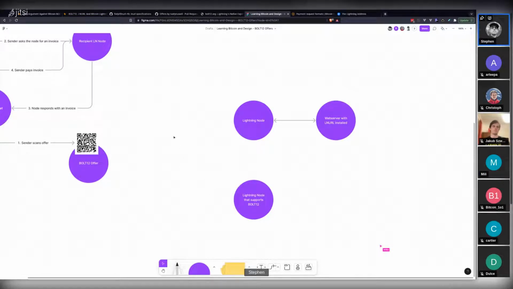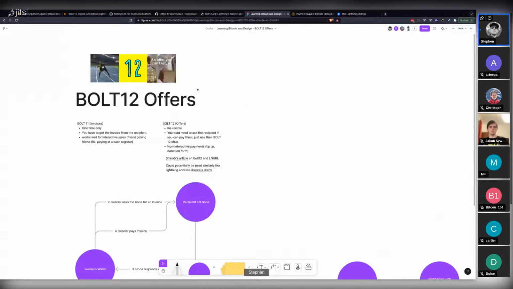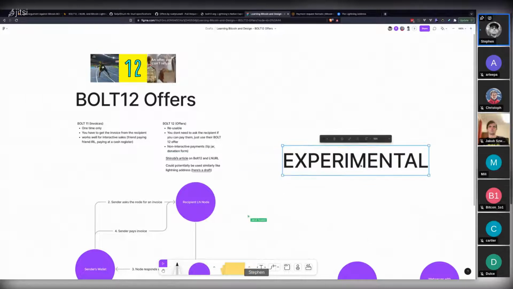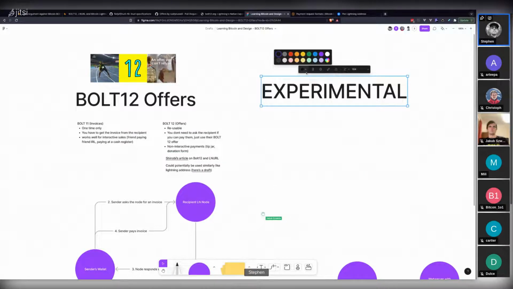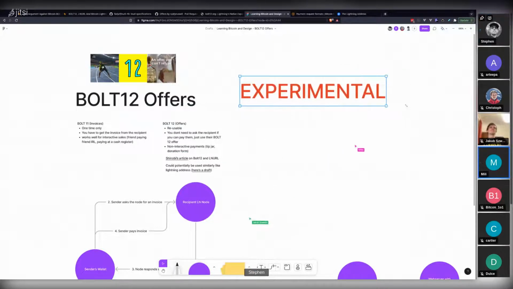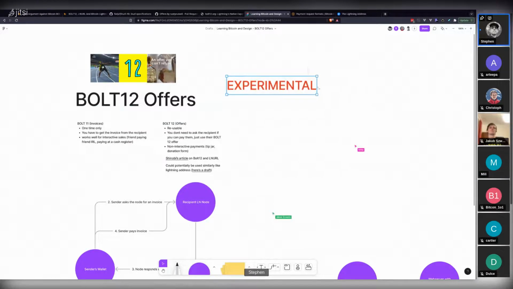Well, right now, Bolt 12 is incredibly experimental. In fact, I'm just going to go ahead and tag that on the top here, so that we remember it later and people scrolling through the video really fast can see this. I think only Core Lightning supports it right now.